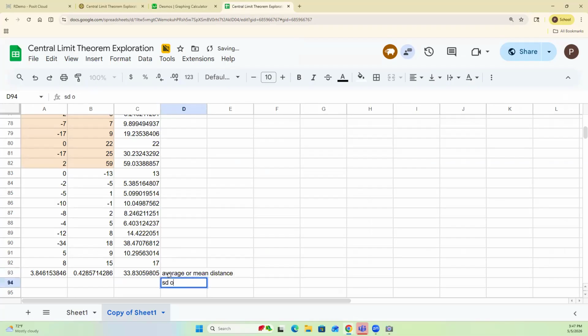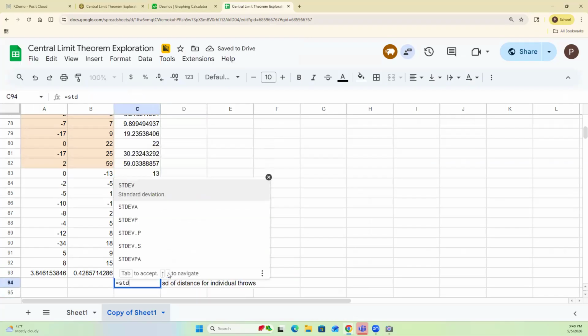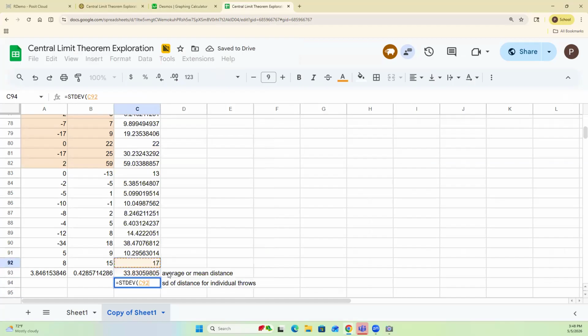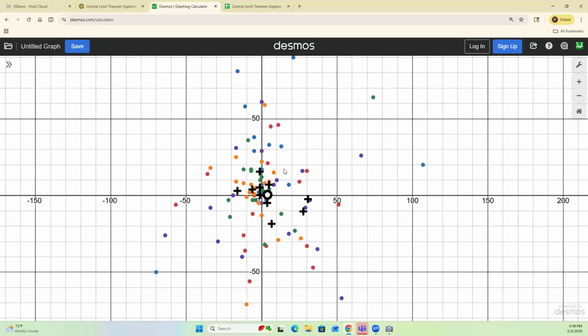Let's look at the standard deviation of the distance for individual throws. Google Sheets does have a lot of statistical functions built in. So 29 centimeters, almost 30 centimeters. What that's saying is, on average, the throws are about this far away. They could be more, they could be less.